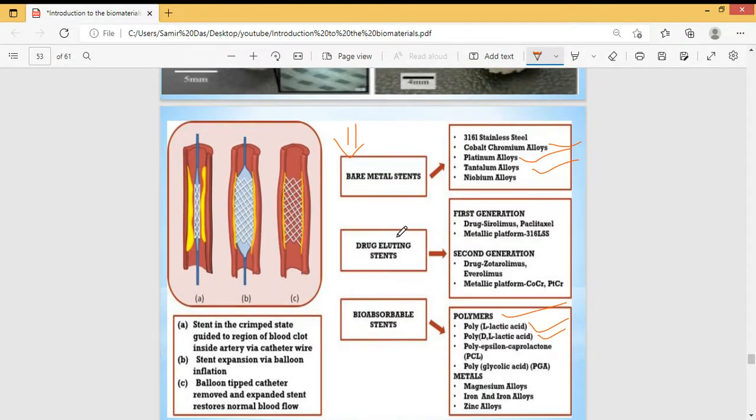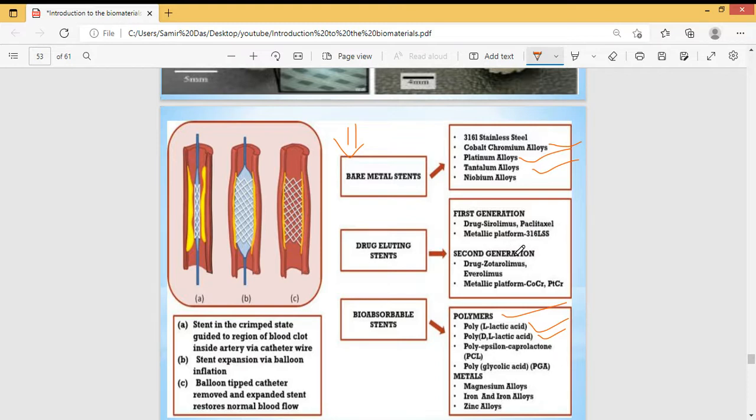Again, we are using very latest stent technology like drug eluting stents. These are of first generation and second generation. Under first generation, drug eluting stents use the drug sirolimus with a metallic platform, 316 stainless steel.